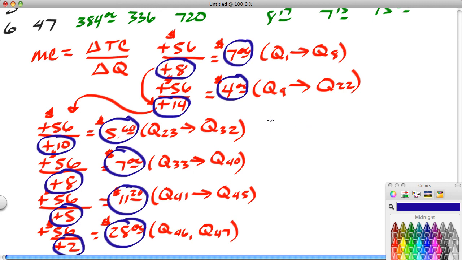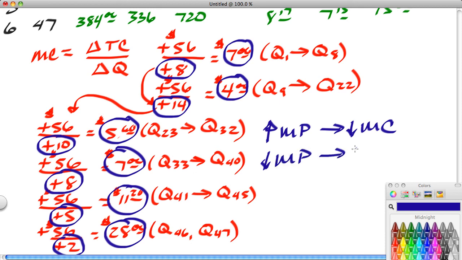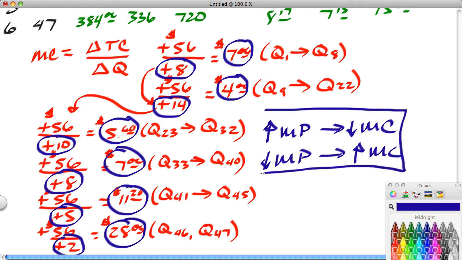So there's a relationship going on here. When marginal product is increasing, what's happening? Marginal cost is decreasing. When marginal product is decreasing, marginal cost is increasing. This is very, very important.